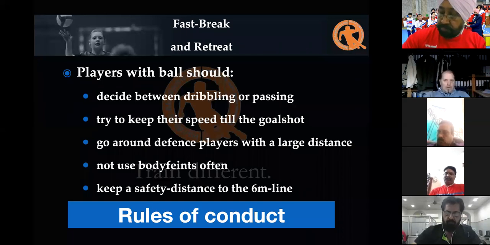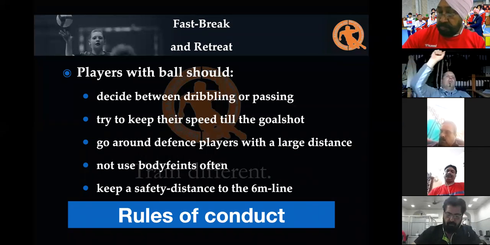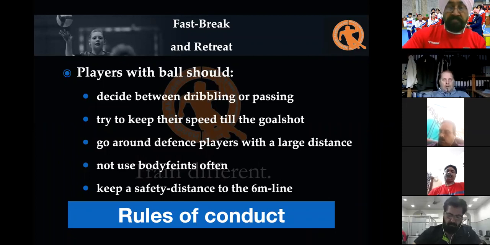If you are in full speed and you jump from 8 meters away from the goal, for sure, no problem, because with that high speed, you will have enough time in the air to observe the goalkeeper, and then easily bring the ball around the goalkeeper. So that's quite easy.